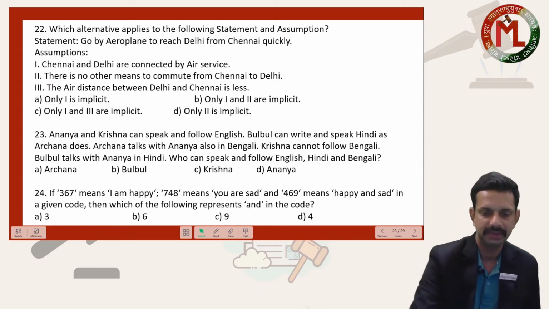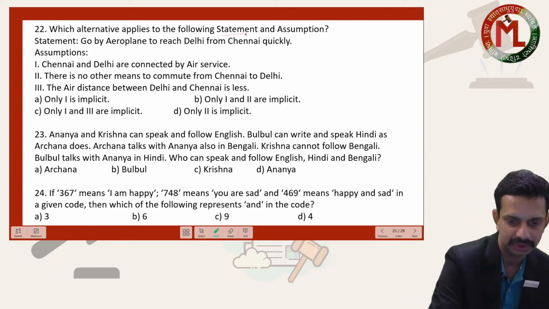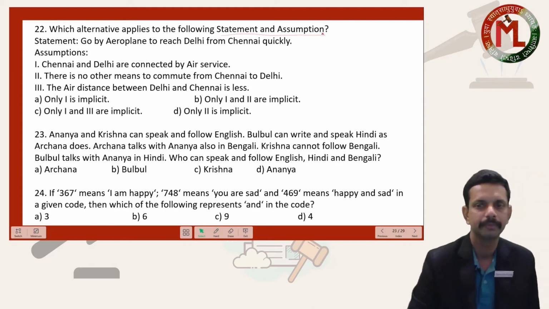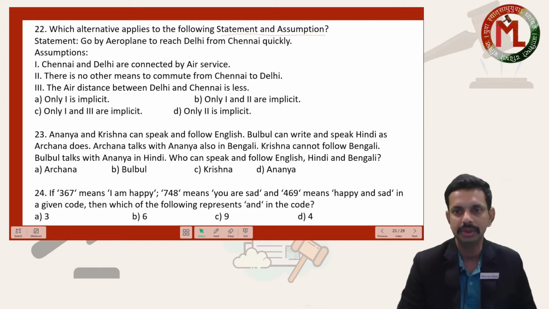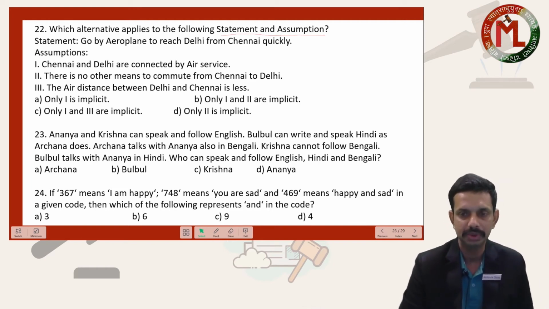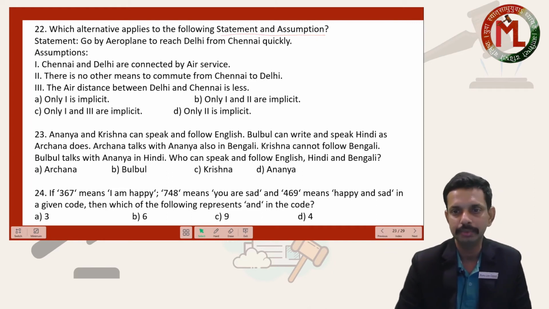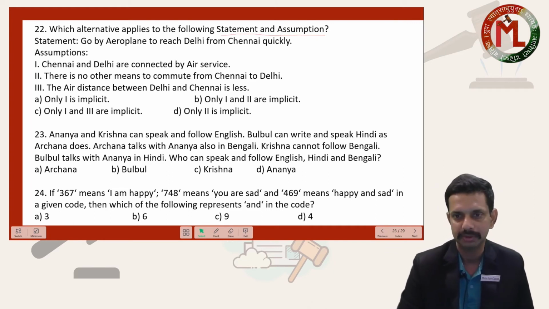Now, next question is about statement and assumption again. Now, here, assumption is something which is not mentioned in the statement. Assumption is something which is not mentioned in the statement, and we assume it on the basis of the statement.